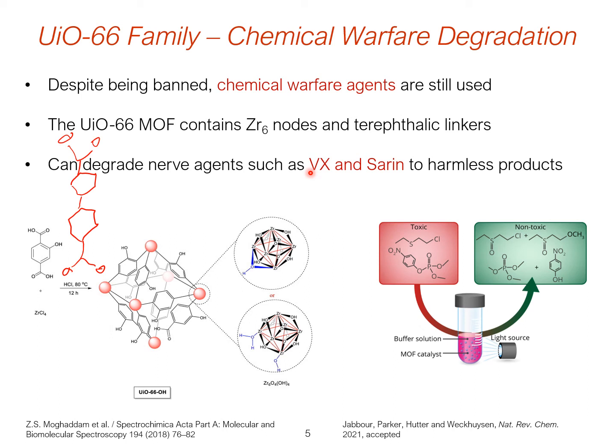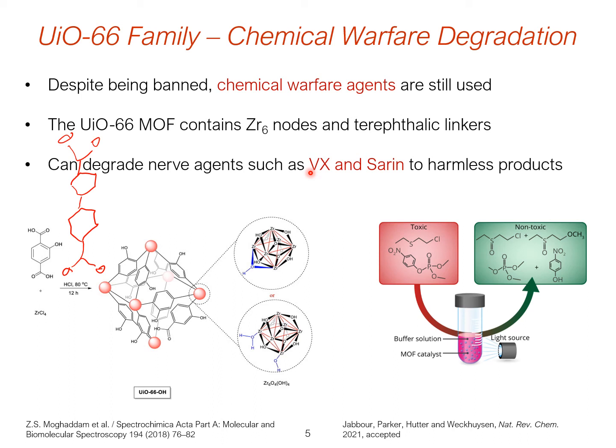Now this UiO-66 family of MOFs is really important because they're the most promising that are being investigated at the moment for degrading chemical weapons. So although chemical warfare agents and weapons have been banned for decades, there are still loads of examples of chemical weapons being used at the moment, either in political cases like the Russian one that's been in the news recently, or in the Syrian civil war as well.